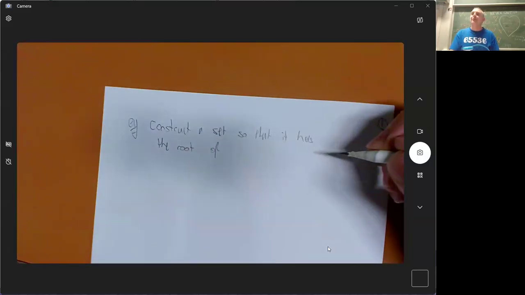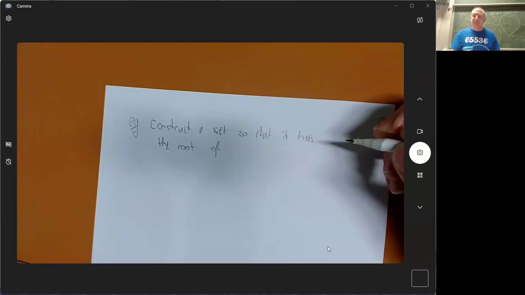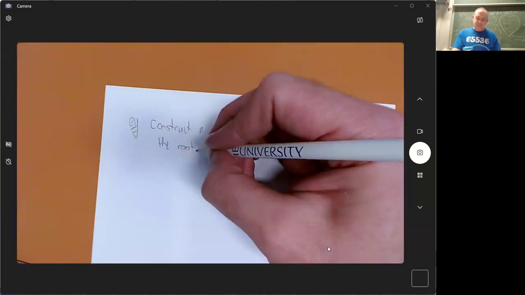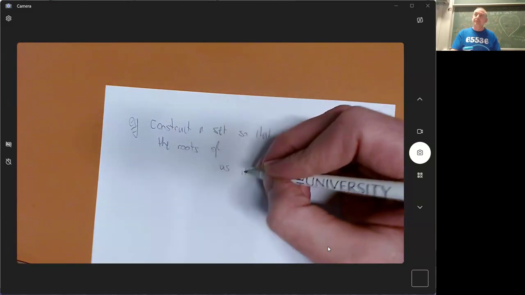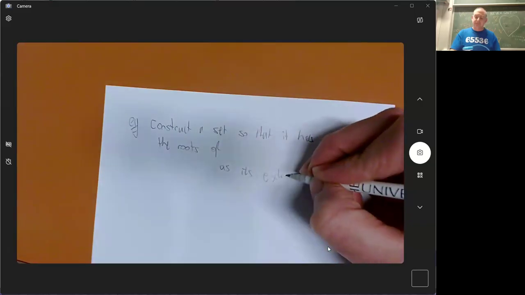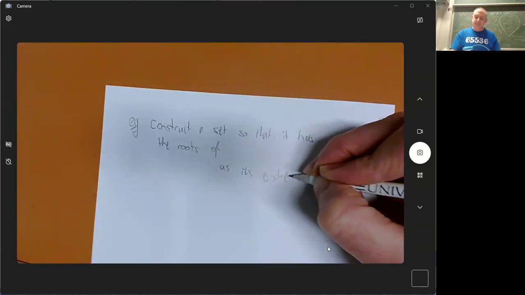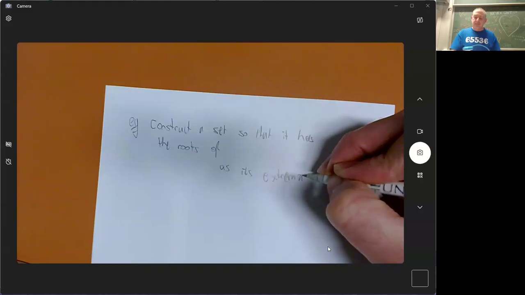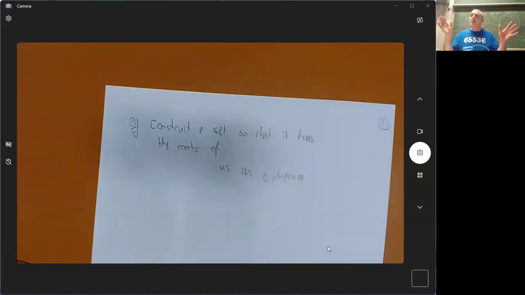Both roots as the two extrema? Yeah, or a root as... okay.